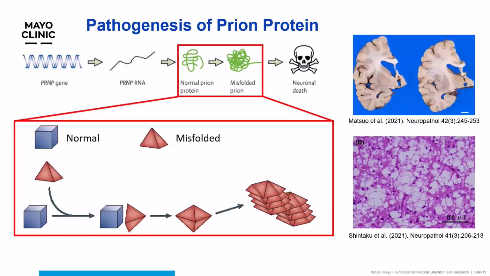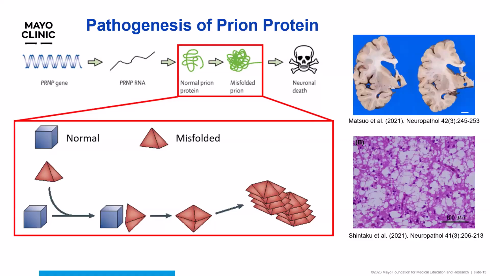So the pathogenesis of this protein, the way that this works, is all humans and animals express normal prion protein, which is expressed by the PRNP gene. This has a normal essential role in healthy individuals, but occasionally, through not so clear mechanisms, this protein can obtain a misfolded form. This misfolded form has the ability to aggregate normally formed protein and actually trigger conversion to this misfolded form.